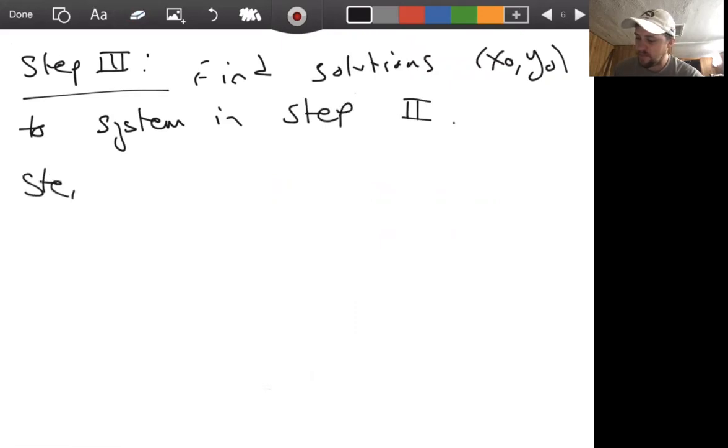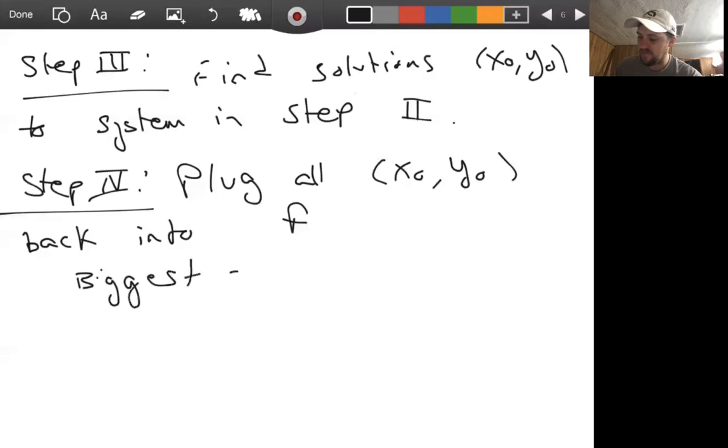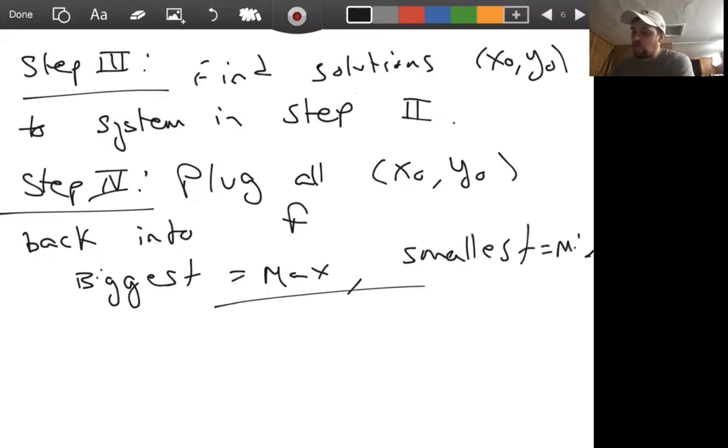And then the last step is to plug all solutions, x naught, y naught, back into f. And then from there, you know, the biggest f value is your max, the smallest is your min. Okay, and so this is what we'll do.